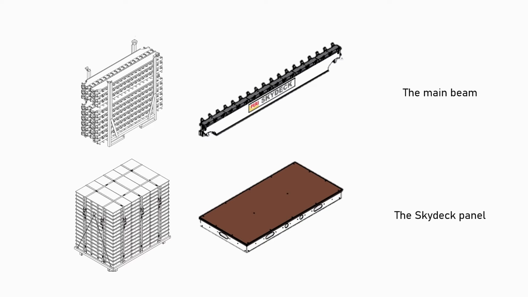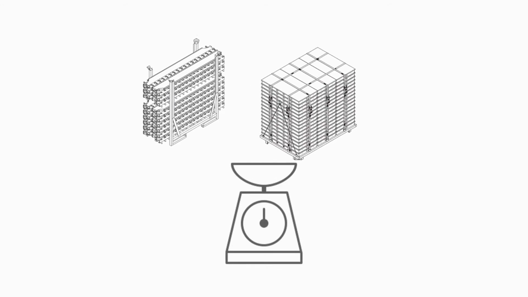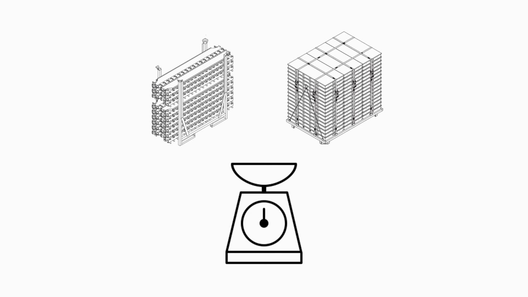These are the 2 components, the main beam and the Skydeck panel. The panels and main beams are made of aluminum, which is very light. The maximum weight of the panel or main beam is less than 16 kilograms. Because of the use of light and easy-to-handle components, the Skydeck formwork requires effortless working.